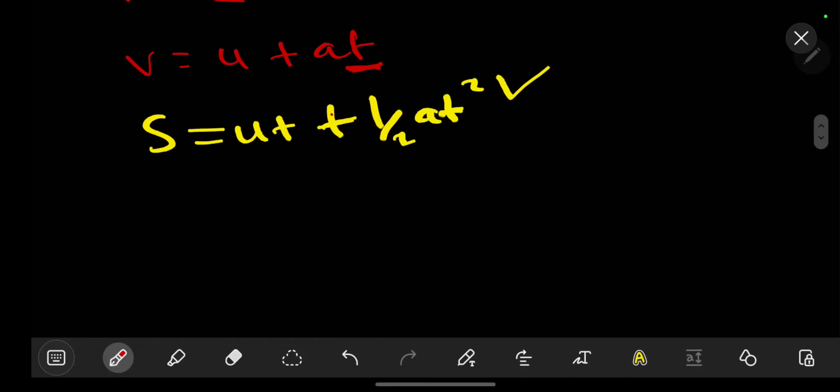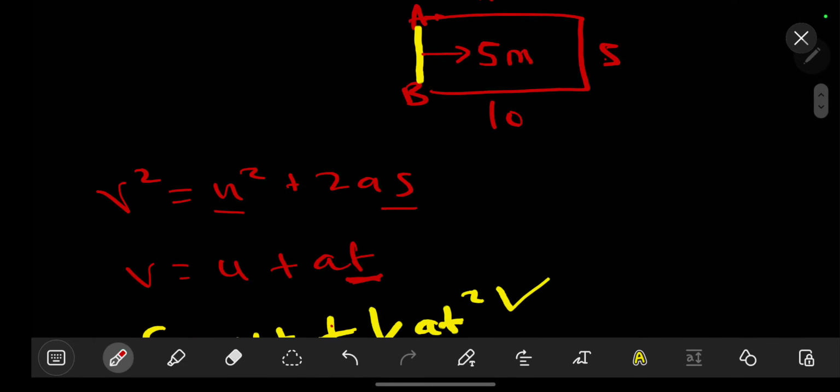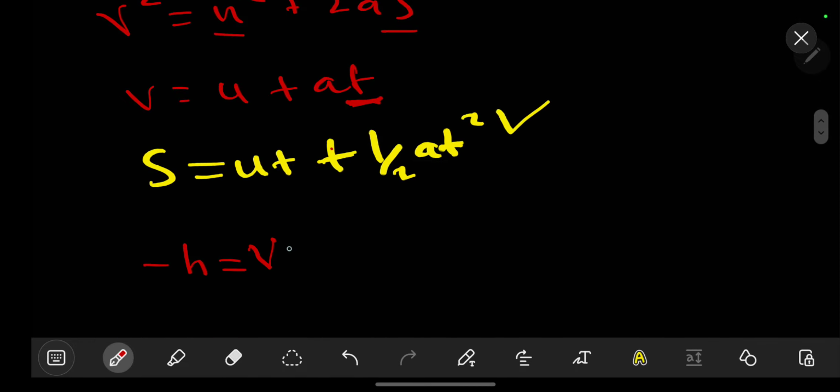So we are going to put our negative h should be equal to our initial velocity. We are told that a ball is thrown vertically with a speed v, so this one is our initial velocity. Where there is u, we are going to put v, then we have our time, plus our half, then our acceleration due to gravity.